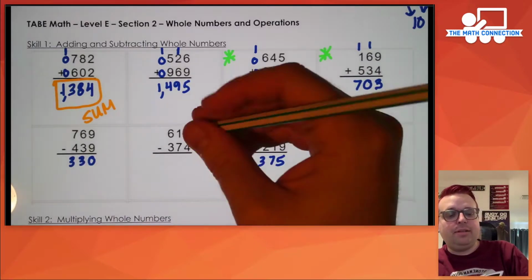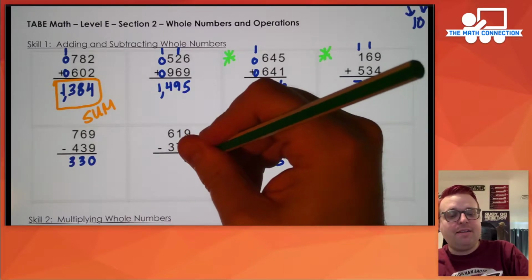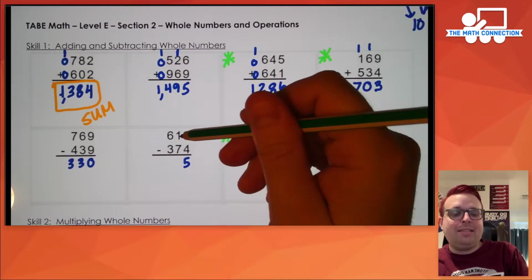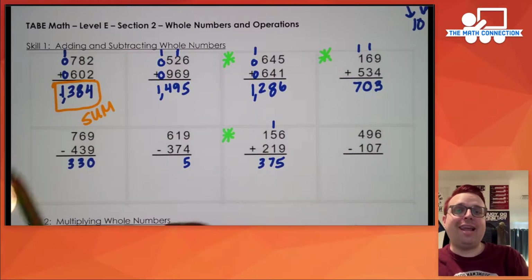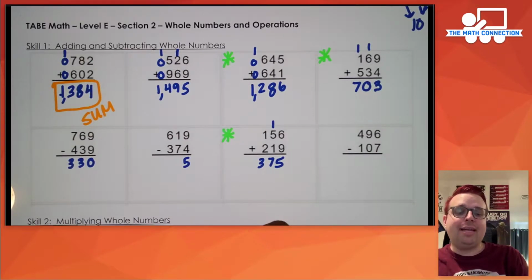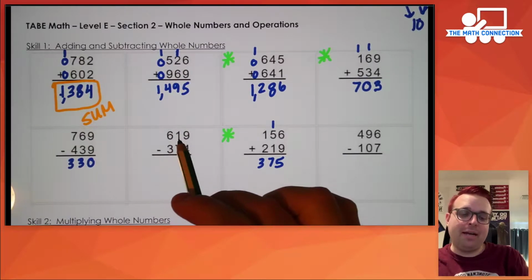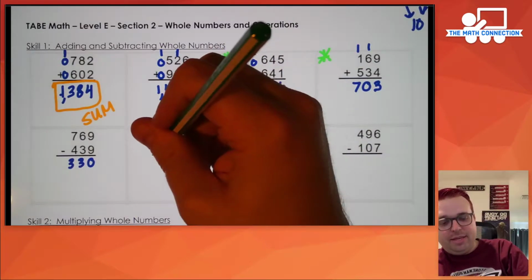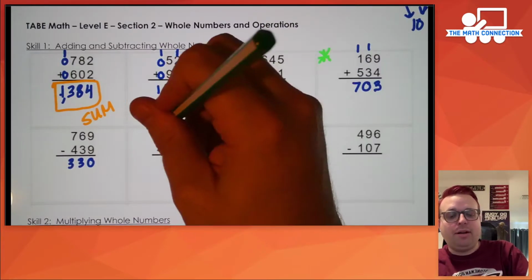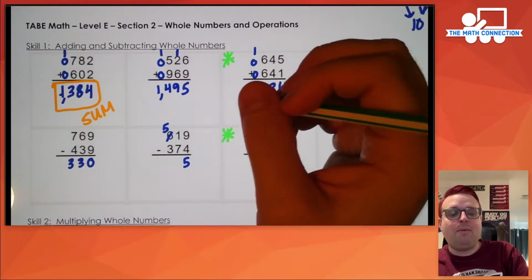So let's jump in. So 9 minus 4 gives me 5. And then when I get to the 1 minus 7, what I have to do is I actually have to go to the next column to the left and take 1 away from that top number and let my column here in the middle borrow that. So this is not a 6 anymore. It's going to be a 5 because we reduced that by 1.